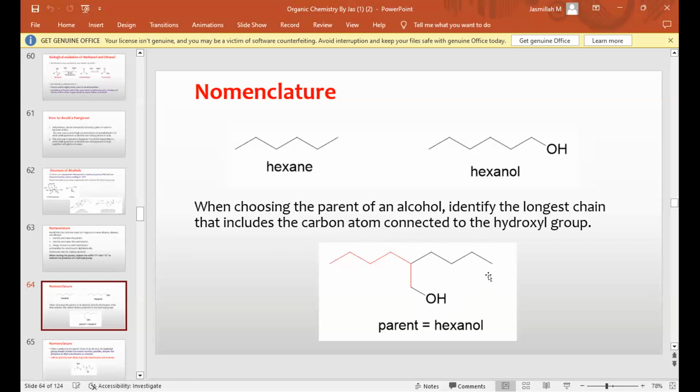If our OH group was here, we would have been counting towards this end, but now our OH group is here, so our counting follows this sequence. So 1, 2, 3, 4, 5, 6 hexanol. And then we have 1, 2, 3, 4, 5, so we'll say 5-butyl hexanol in this case.